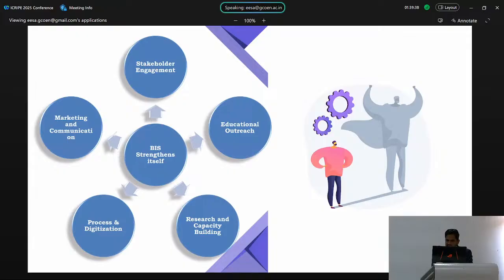We have signed memorandums of understanding with different educational institutions. Then we are focused on research, capacity building, process and digitization, which is one area in which we are working currently, and marketing and communication. In this way, BIS is strengthening its presence and publicizing itself so that people know about BIS and take advantage of the information available with BIS.